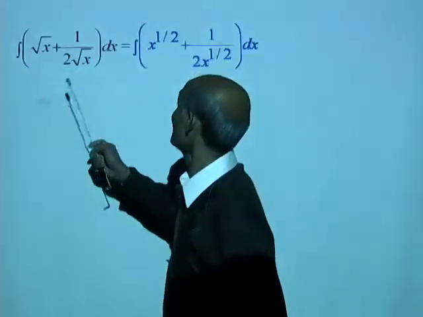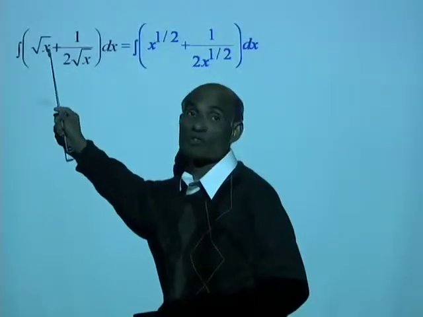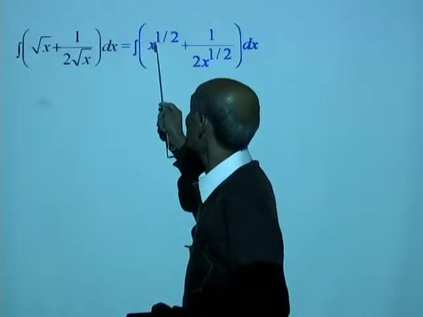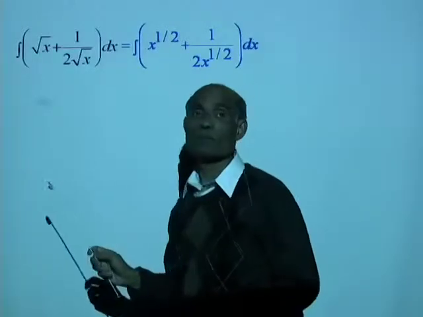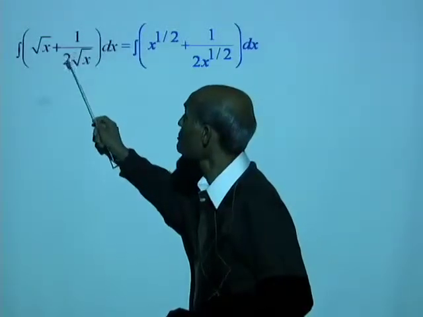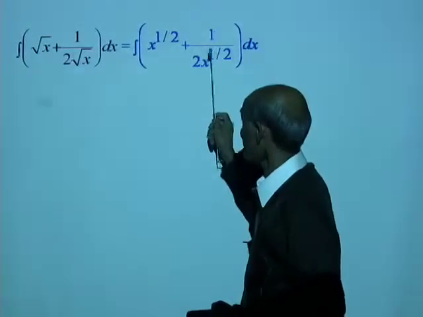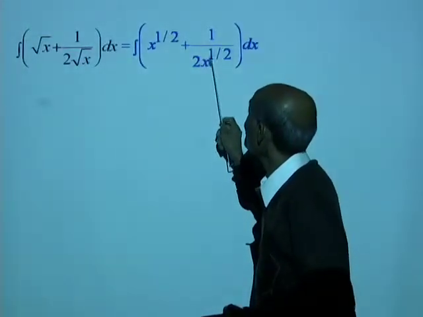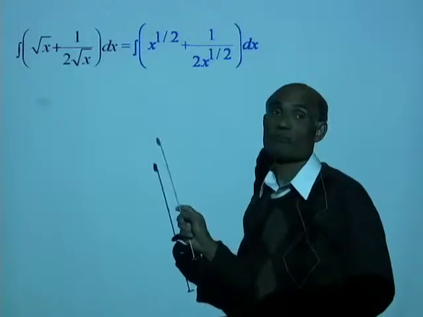That means we're going to write it like this. Square root of x is x to the power of 1/2, and 1 over 2 square root x is 1 over 2x to the power of 1/2.